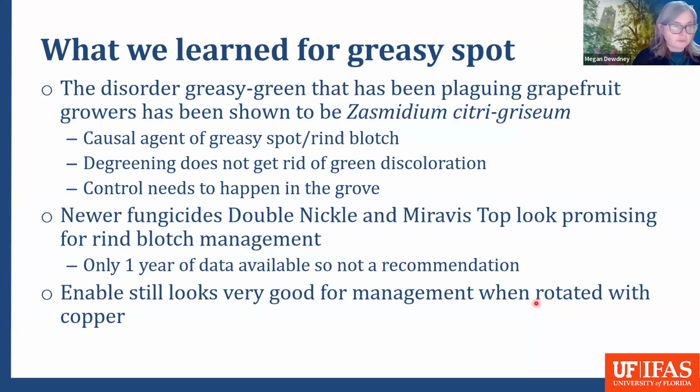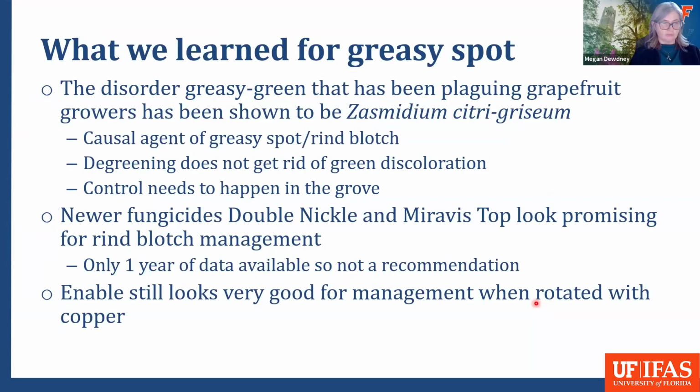So what have we learned so far for greasy spot? We know that the disorder greasy green that has plagued our grapefruit growers in the last 5 years has been shown to be Pseudocercospora citrigriseum, the same causal agent of greasy spot and rind blotch. It just looks like a different manifestation of the disease, but we needed to show that.